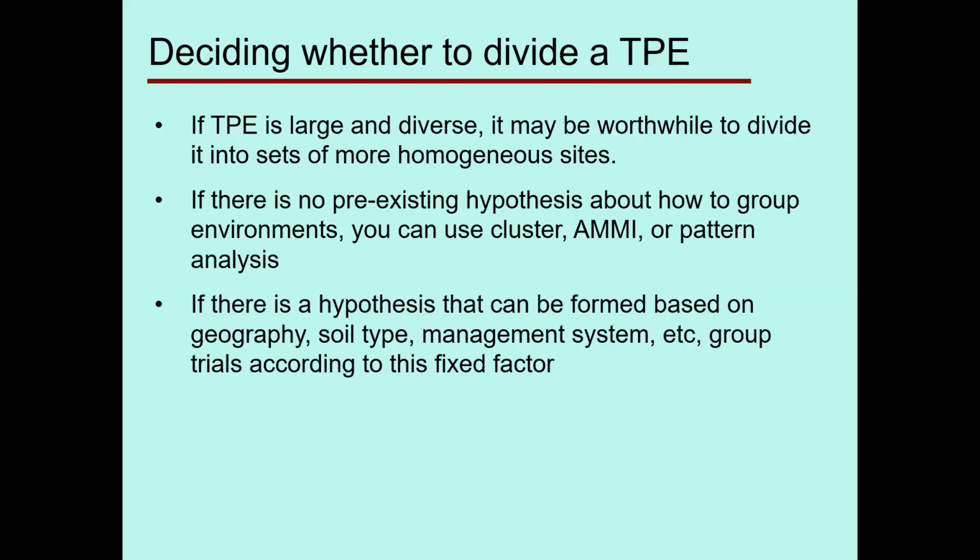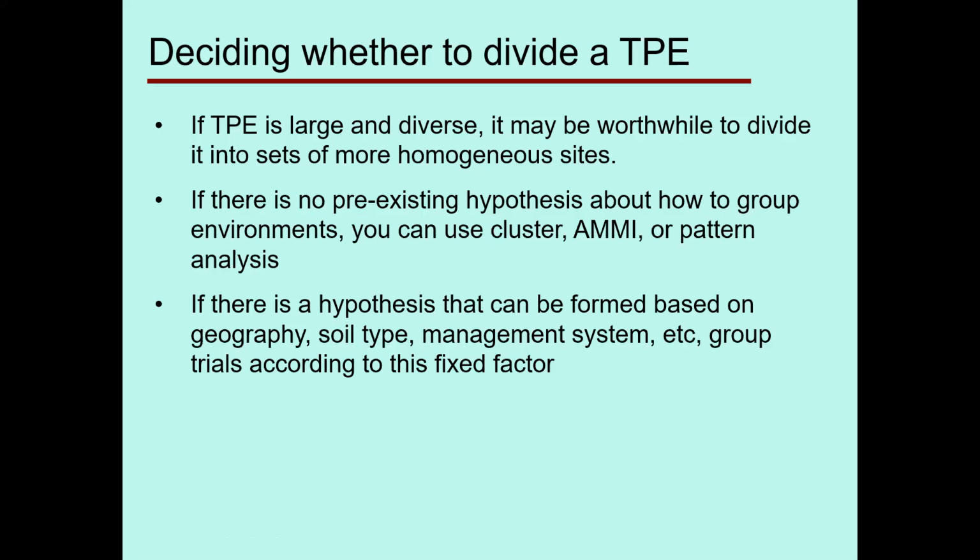If you have a pre-existing hypothesis about geography, soil type, management system, you think, well, I think I need to develop different cultivars for high fertility versus low fertility management, different types of farmers, then you can incorporate that factor into an analysis of previously run trials to test the hypothesis. You can put it into the model as a fixed factor.